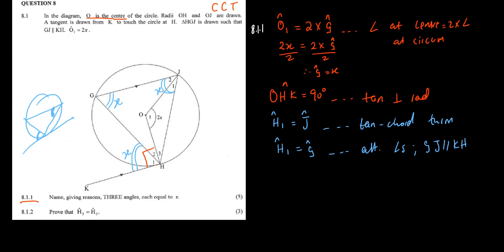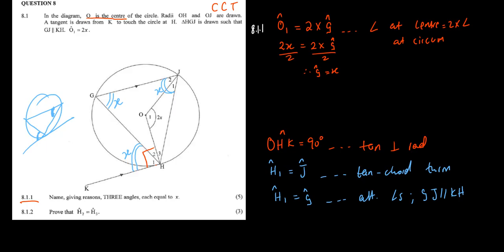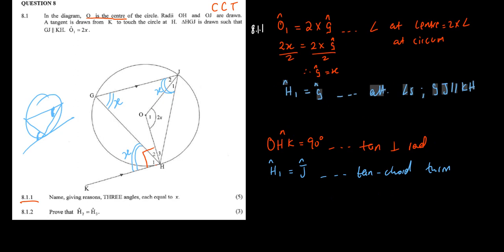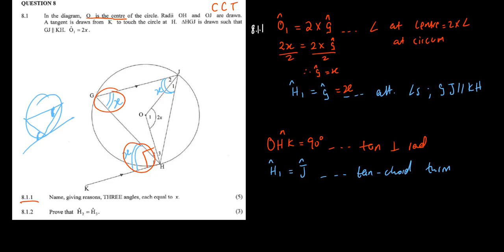Now, H1, we said it was equal to J, right? But we need to start with the one with G here. Now it's just because you wrote these things with a pencil, now you will see which one should start there, because they must follow logic. We must not just say this, that. So since we know G is x, we said H1 is equal to G, and both of them are x because they are alternating angles.